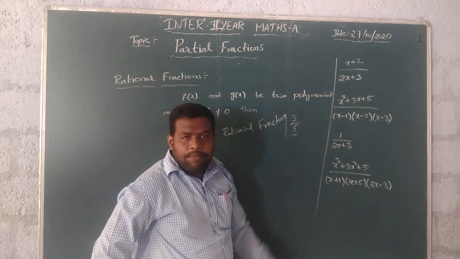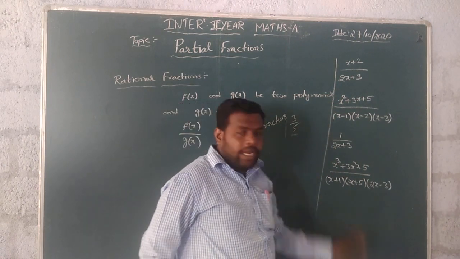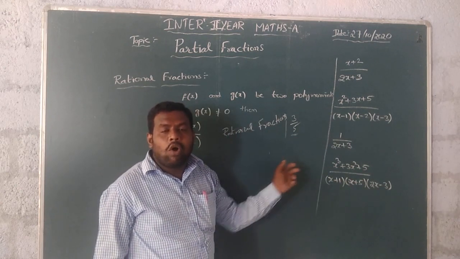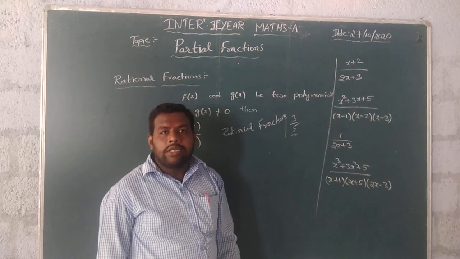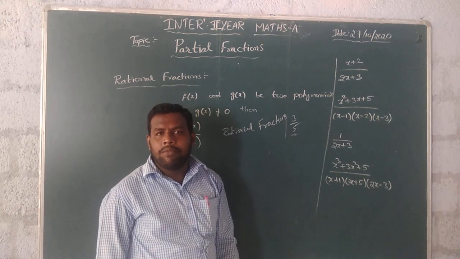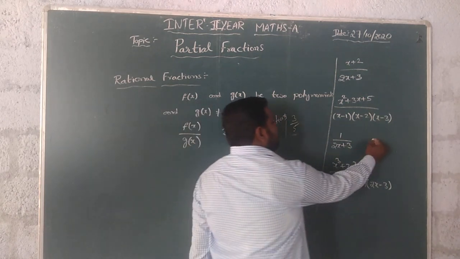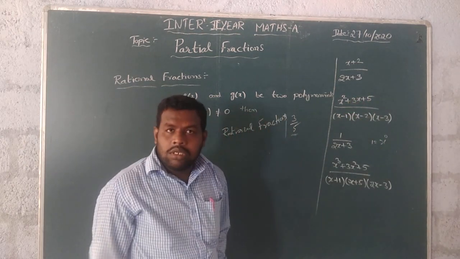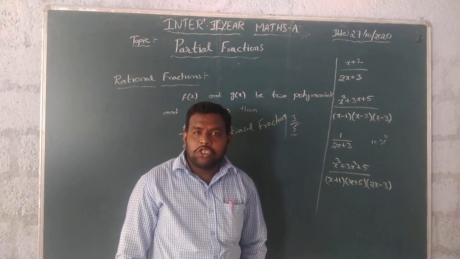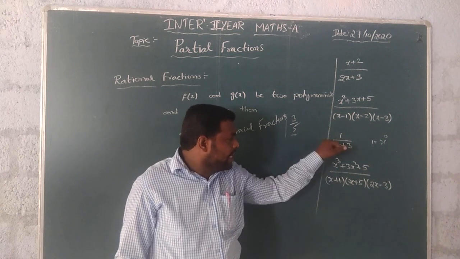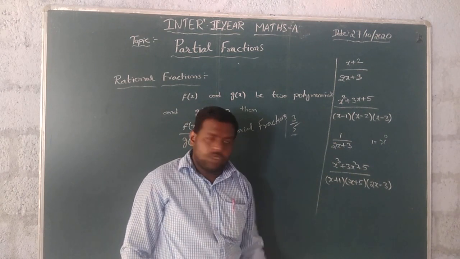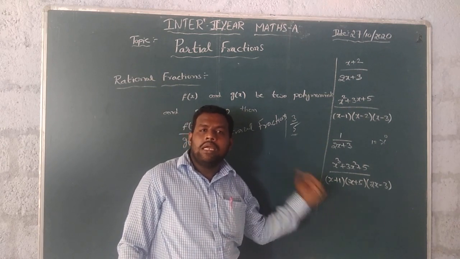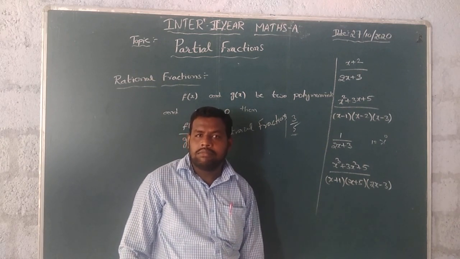In the third example, the numerator is a constant term. A constant term has degree 0, because 1 can be written as x power 0. So the numerator degree is 0. The denominator degree is 1. So in this case also the numerator degree is less than the denominator degree.